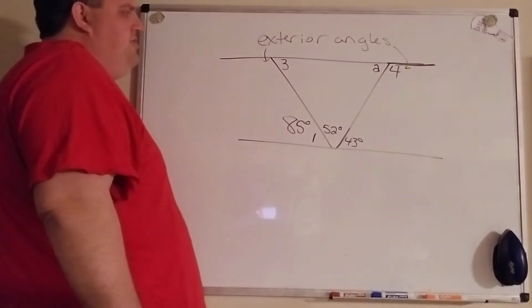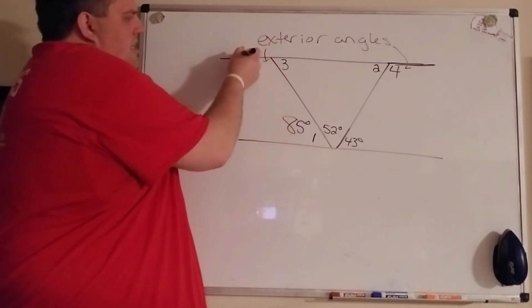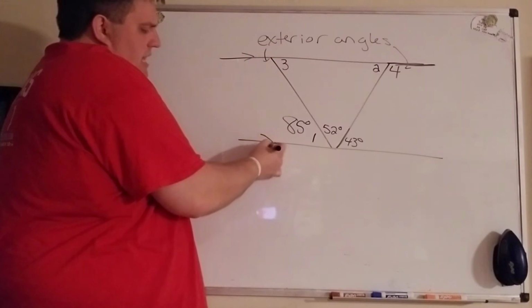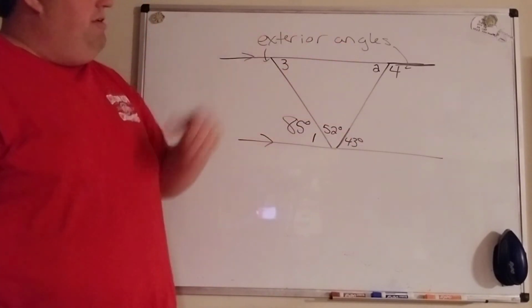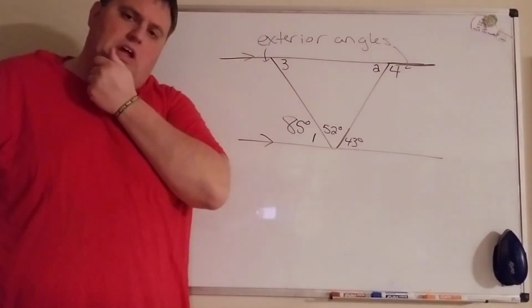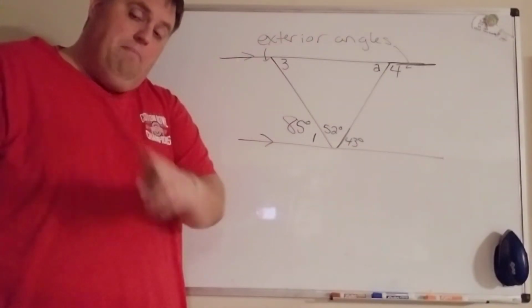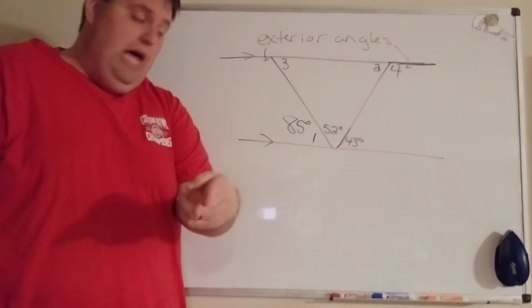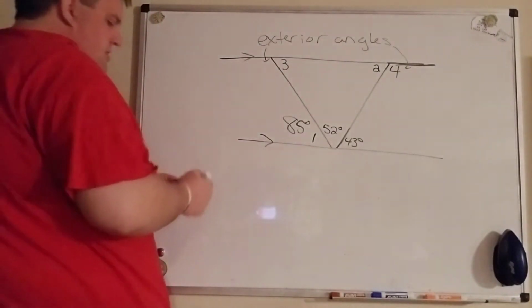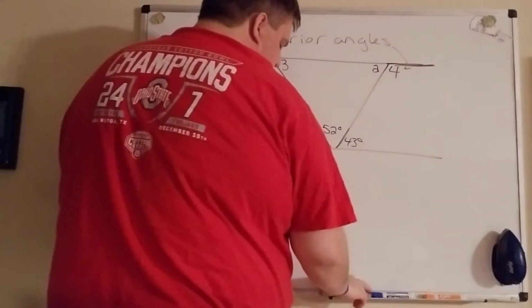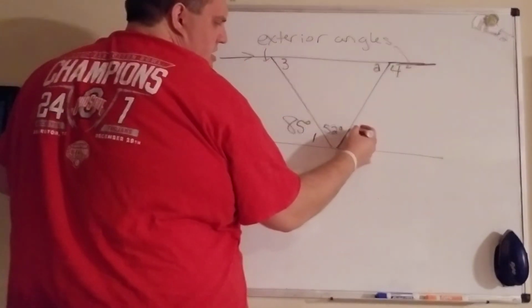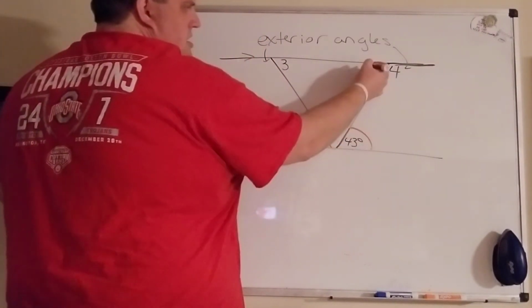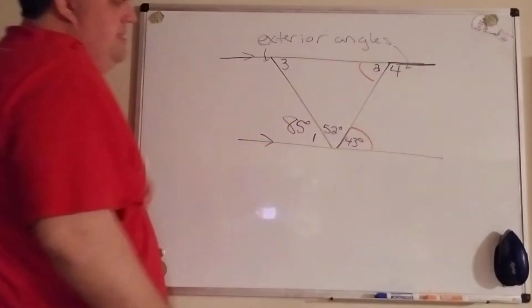But then what's interesting is that this line is actually parallel to this line, right? This line and this line are parallel. So knowing what we know about parallel lines, let me use a different color here. You guys can see that we have this interesting thing happening here with this angle and this angle, right?